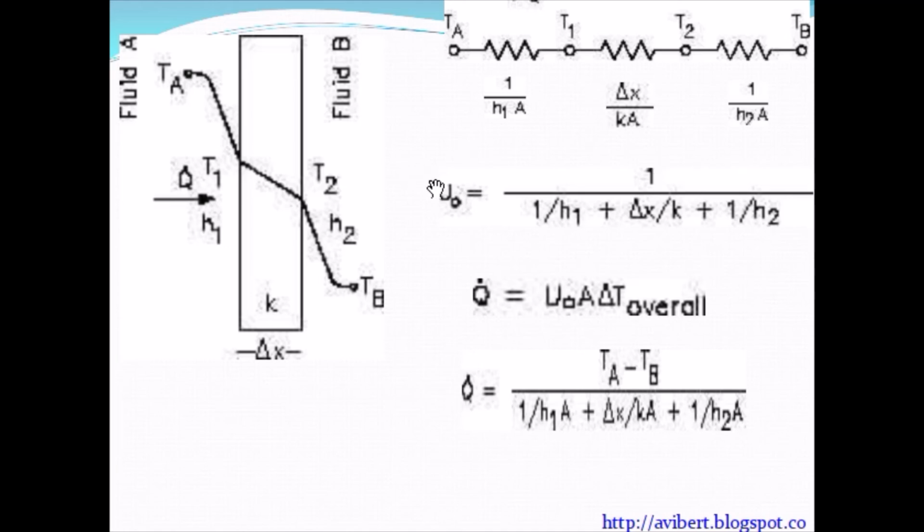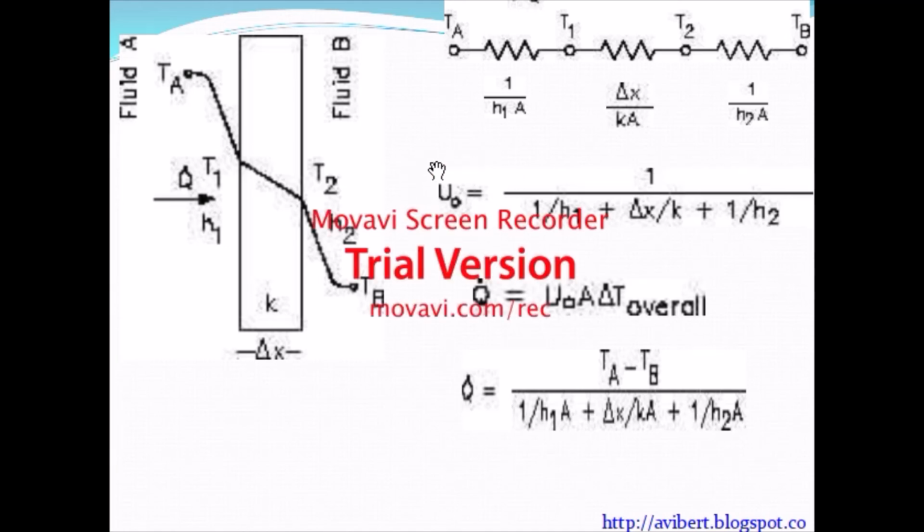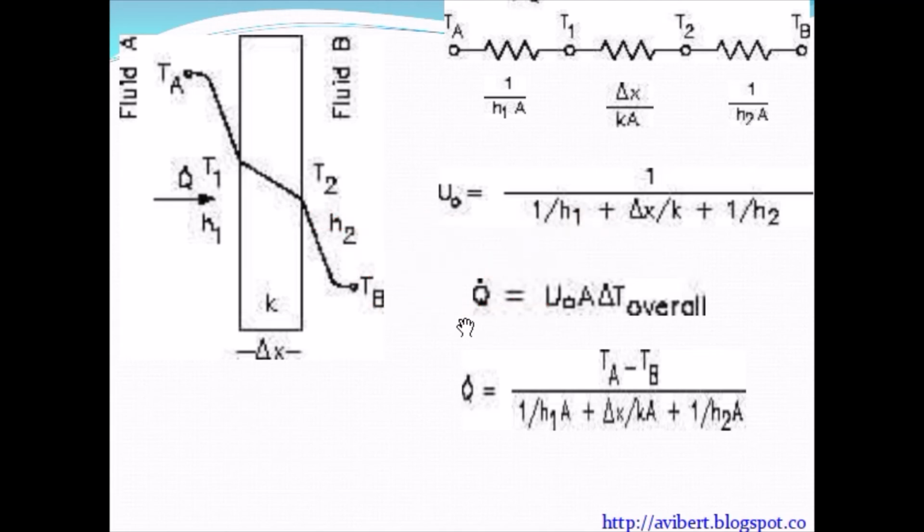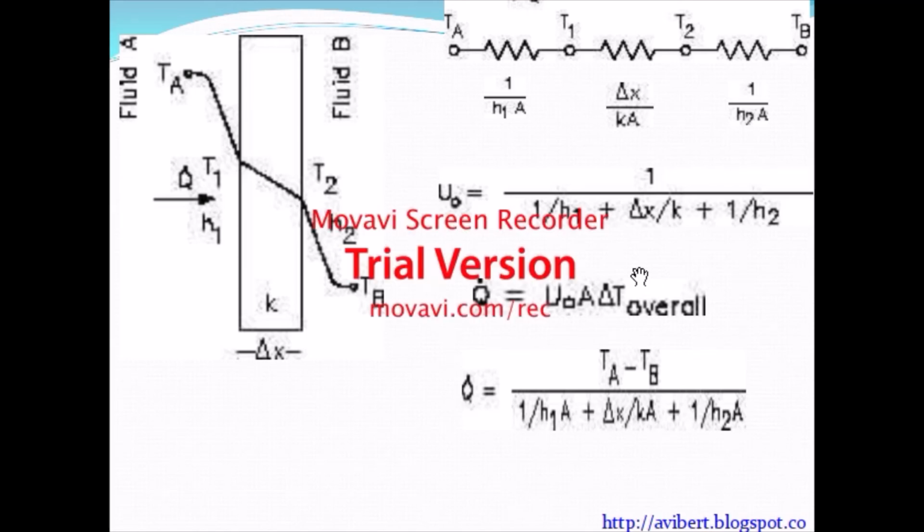How do we calculate the thermal coefficient? You can use this formula from this illustration. Then we can also calculate the thermal flow rate by Q dot. Q dot means per time, how much energy can transfer every second.